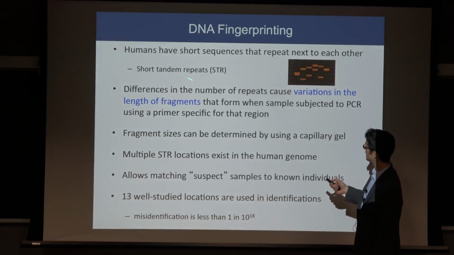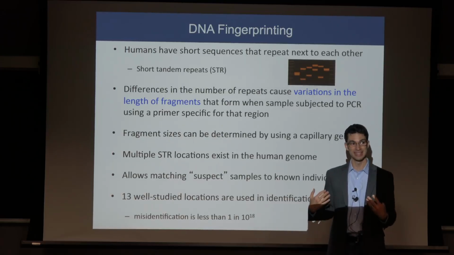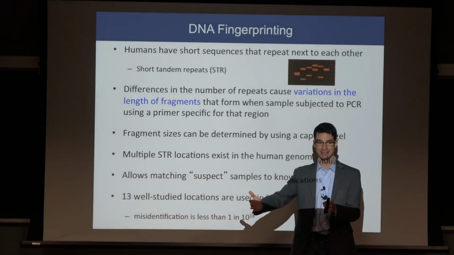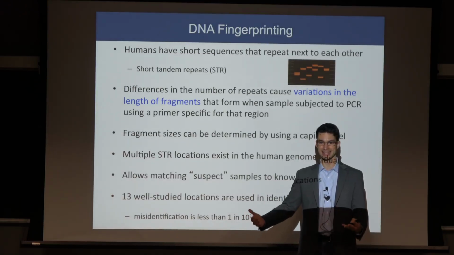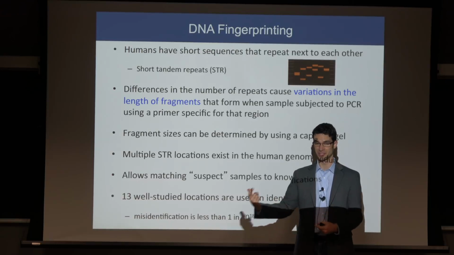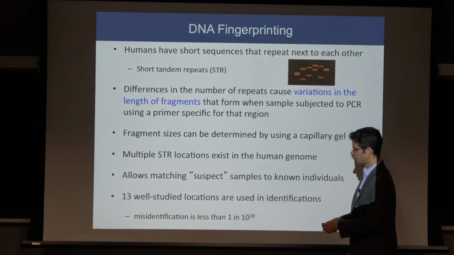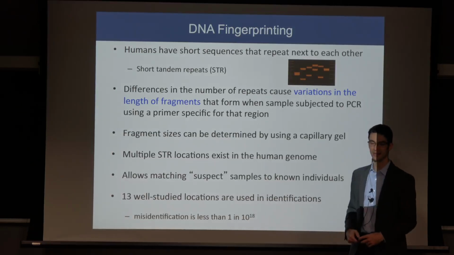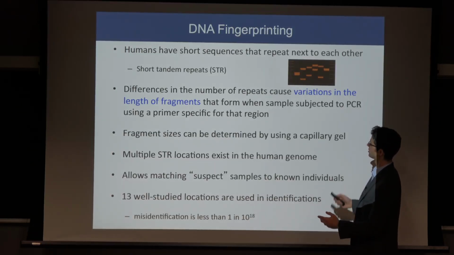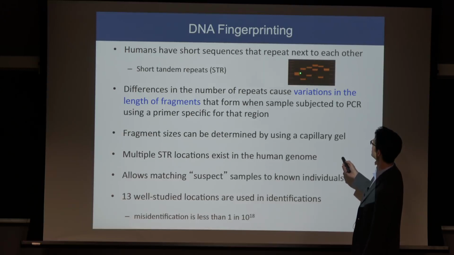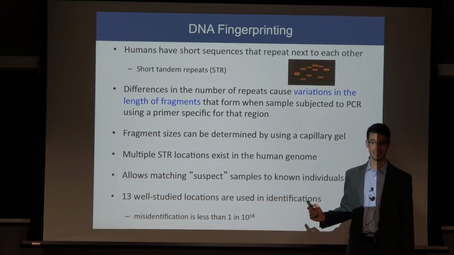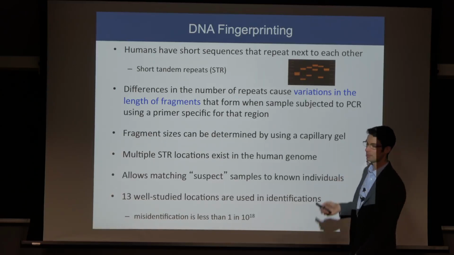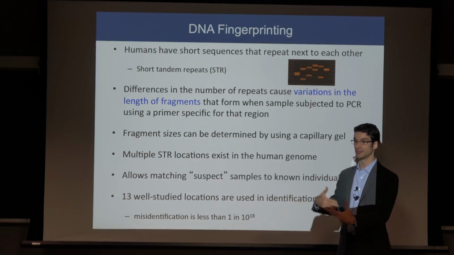Those short tandem repeats from somebody's genome have different lengths, and every human being has different combinations of different lengths of these sections. So what you do is you run them on a gel, and this separates on the basis of charge and size, and then you stain the gel, and you get a pattern that looks like this. This is basically the sizes of the short tandem repeat sequences in your genome that are different from other people's.